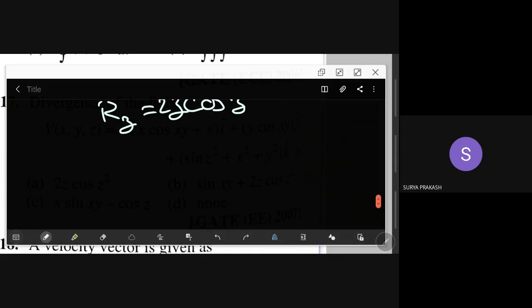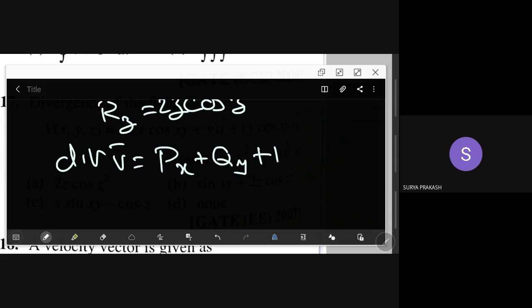So divergence of V bar is Px plus Qy plus Rz.